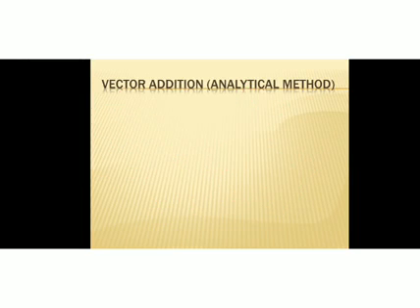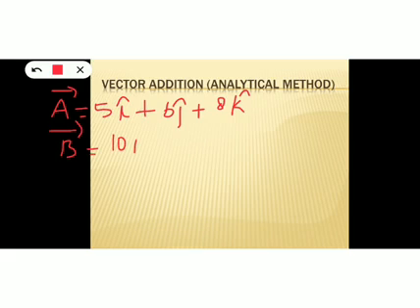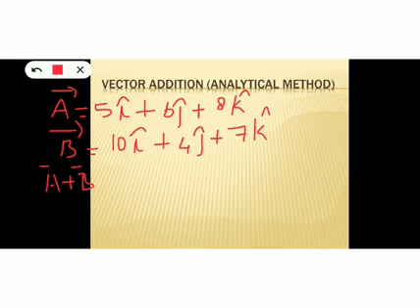Now let me give you one example. Consider two vectors A and B. Let A be equal to 5i plus 6j plus 8k. Then let vector B be equal to 10i plus 4j plus 7k. Then what will be A plus B?